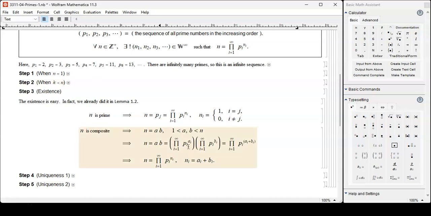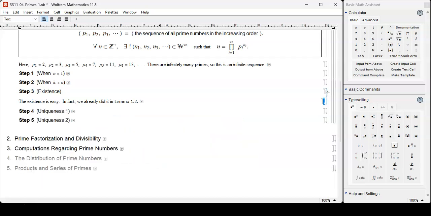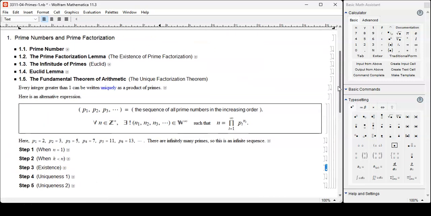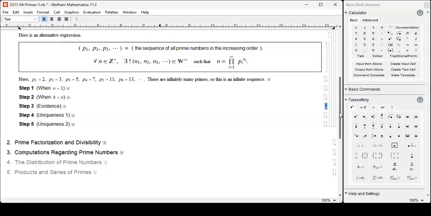So we can write each as a product of primes, combine those together, and we have a product of primes. That's it. So we have a product of primes in infinite product form. But you don't have to do it this way. You already did it in 1.2 using the finite product expression.